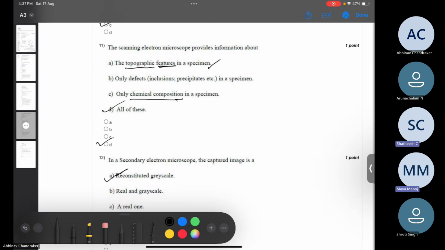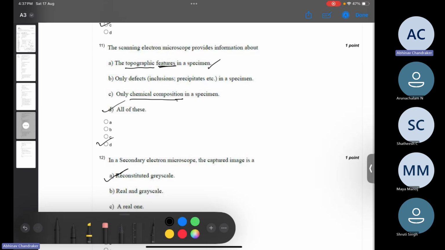So, can chemical composition be obtained from the scanning electron microscope? Yes, so I was talking about characteristic X-rays as well as backscattered electrons. Backscattered electrons are basically electrons which get scattered from directly interacting with the nuclei of the atoms.